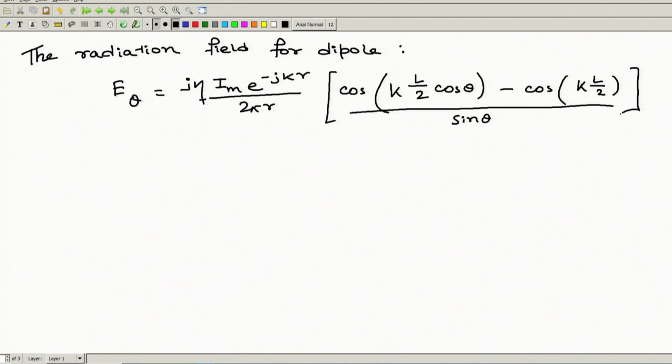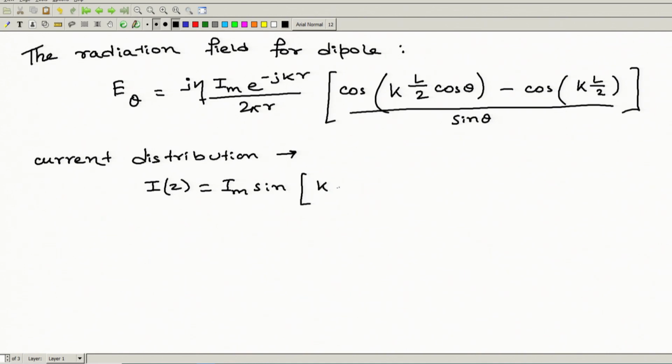Considering in this case the current distribution used to be Iz equals Im sin of k (l by 2 minus z).